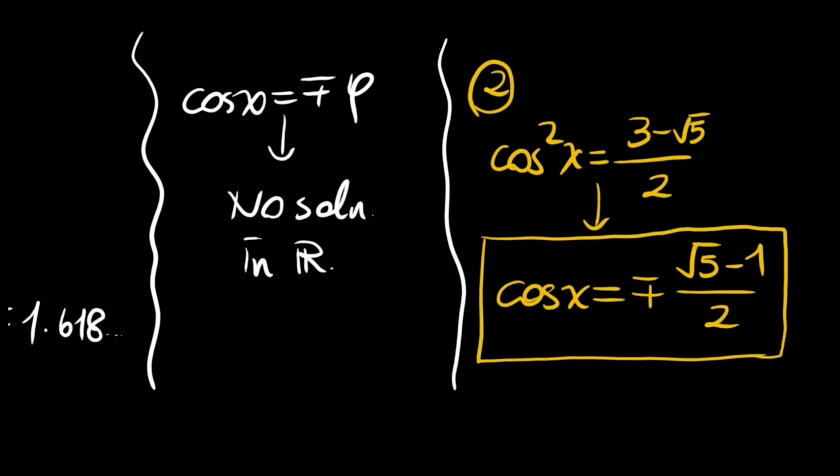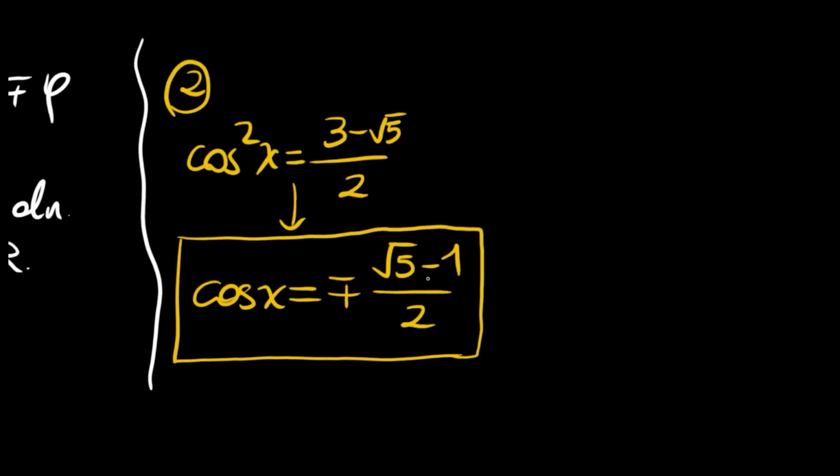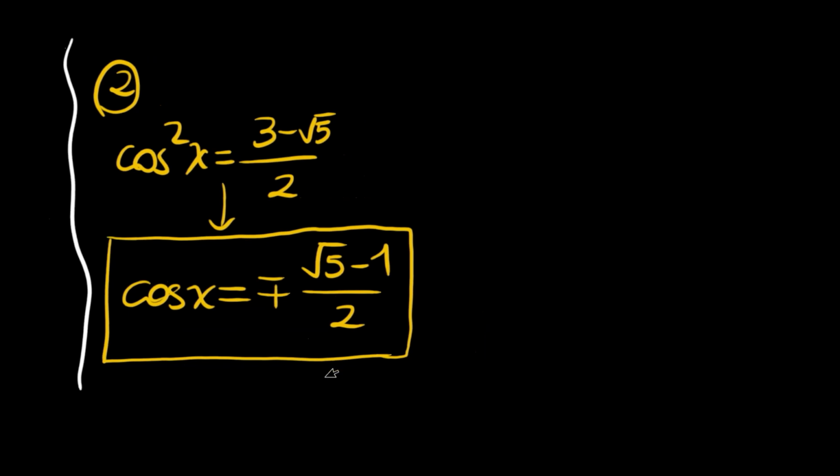And since root 5 is approximately 2.2, subtracting 1 we will have 1.2, and divided by 2 we will have 0.6 plus minus. So this has solutions.